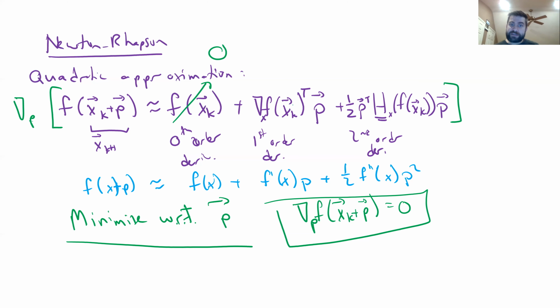The derivative with respect to P of a linear function in P is simply the gradient of f at x_k. Derivative of x is 1, right? Derivative of kx is k. Exactly what we have here. So we have 0 plus the gradient.